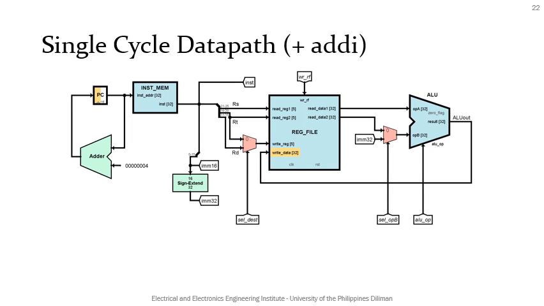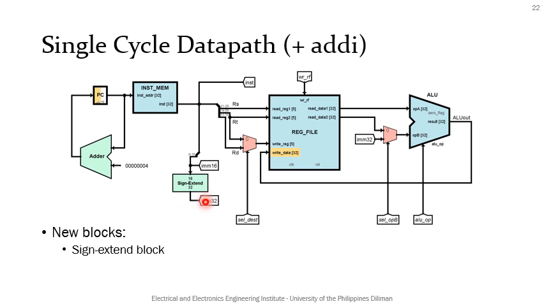The data path shown here has been expanded to support add-I instructions. We note first the new blocks added. First, the sign extend block, which sign extends the 16-bit 2's complement immediate from the instruction code to 32 bits since the ALU accepts only 32-bit inputs.